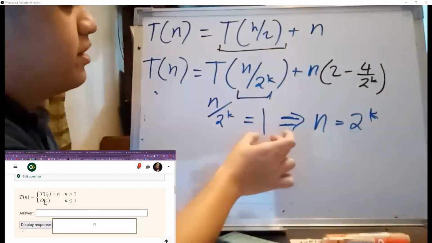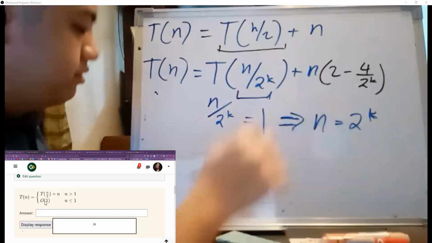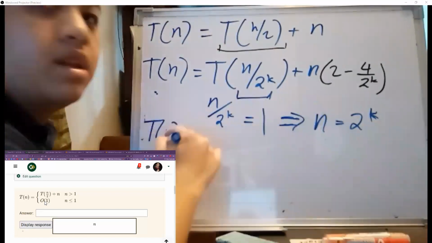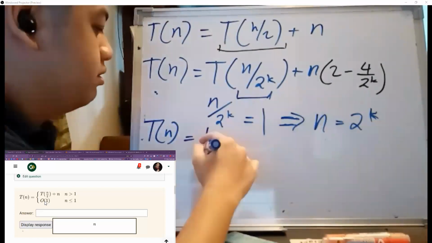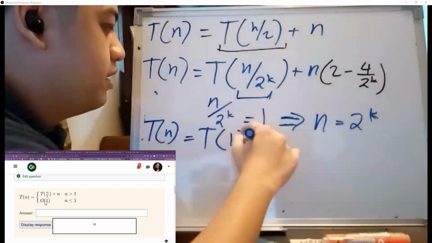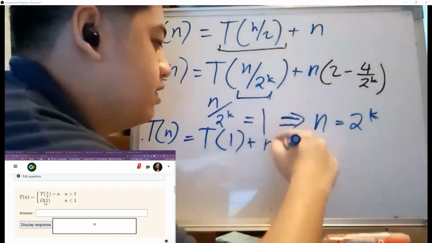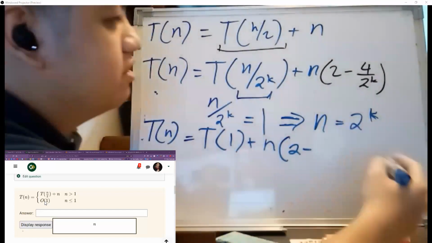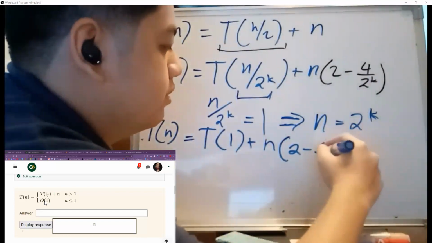Pag ito sinubstitute na natin dito, we get that T of n is equal to T of 1 plus n times 2 minus... So, si T to the k, puro siya n, no? So, 4 over n.